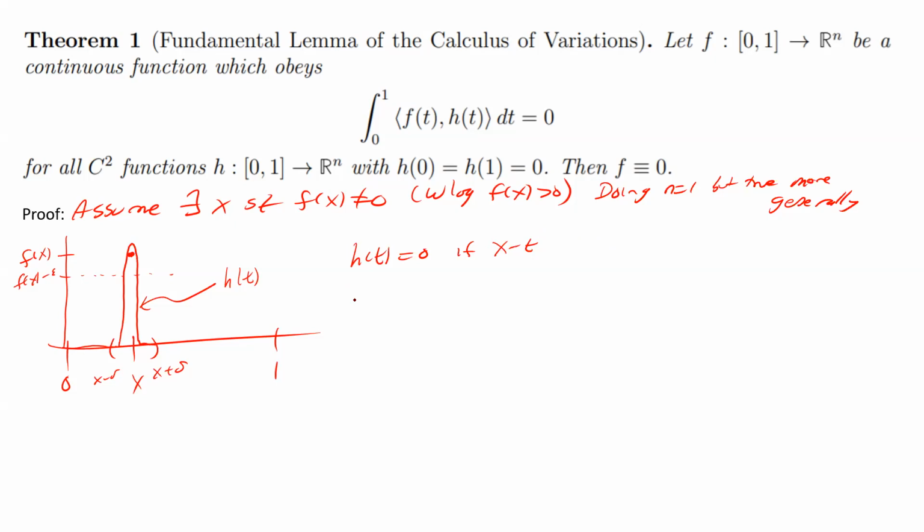And then we want h(t) to be greater than or equal to 0, and we want maybe a spike. One thing we could do is a triangle spike. But what's wrong with a triangle spike?